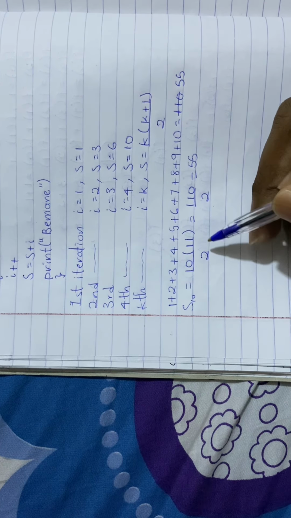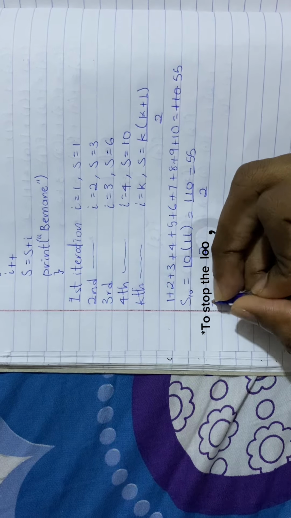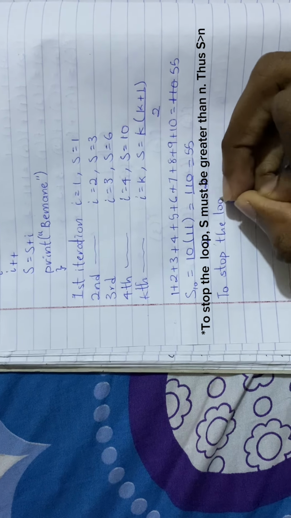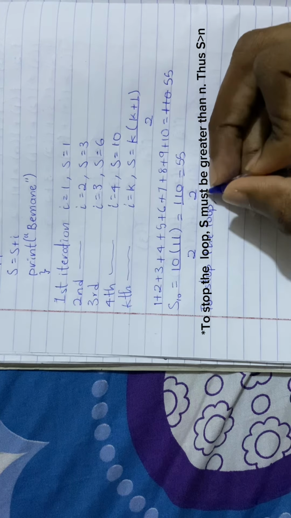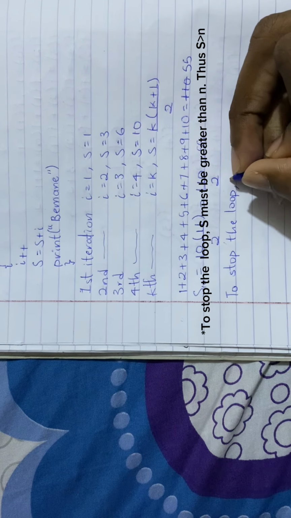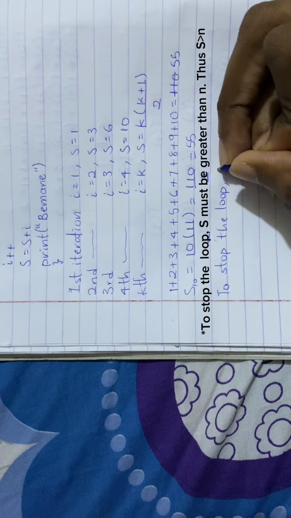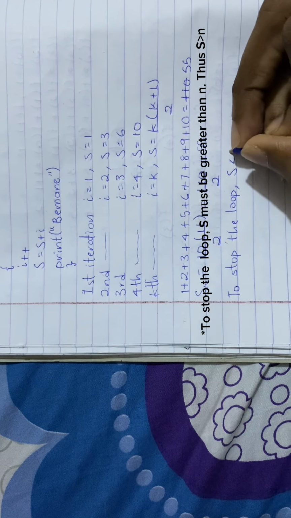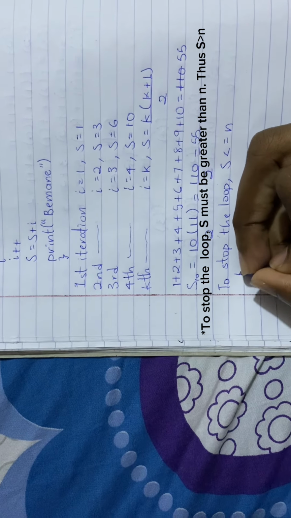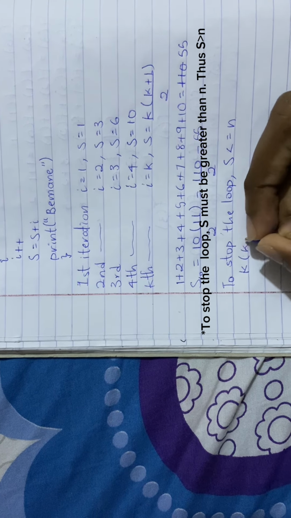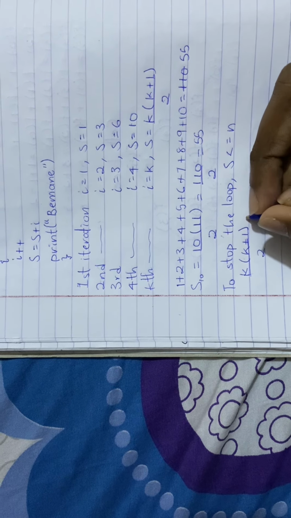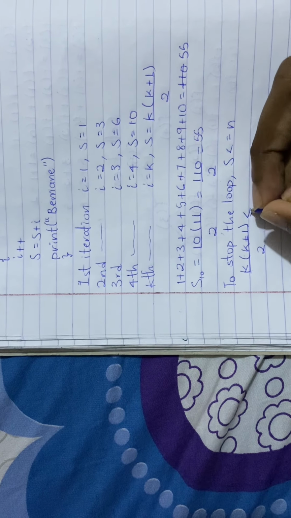To stop the loop, what should happen? Let me write it. S should be less than or equal to N. Our S is k times k plus 1 all over 2, so it should be less than or equal to N.